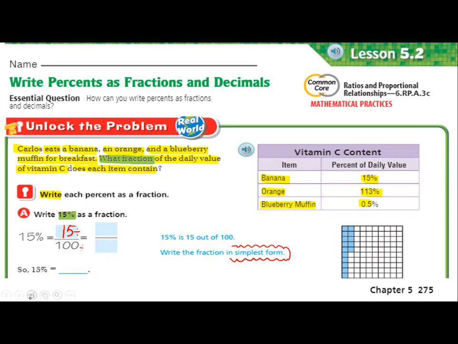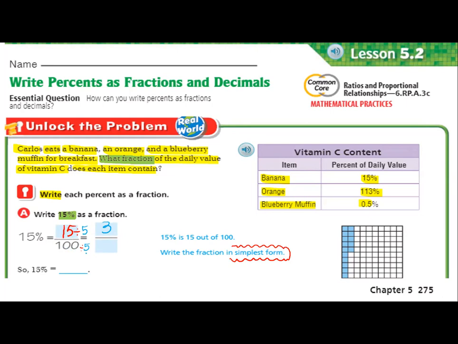Divide by what? By 2? Ask yourself, is 15 divisible by 2? No. Is it divisible by 5? Yes. So choose the common factor 5. 15 is divisible by 5 and 100 is divisible by 5. 15 divided by 5 equals 3.